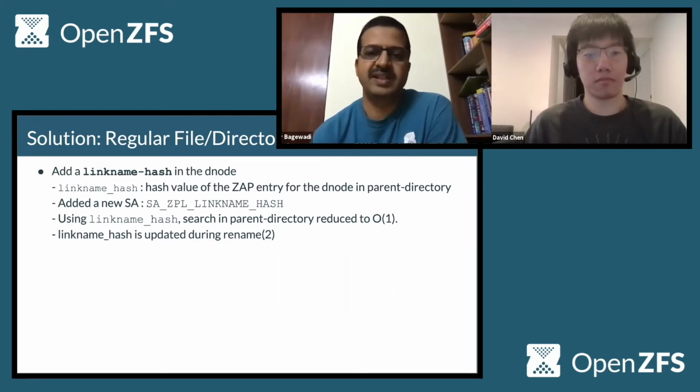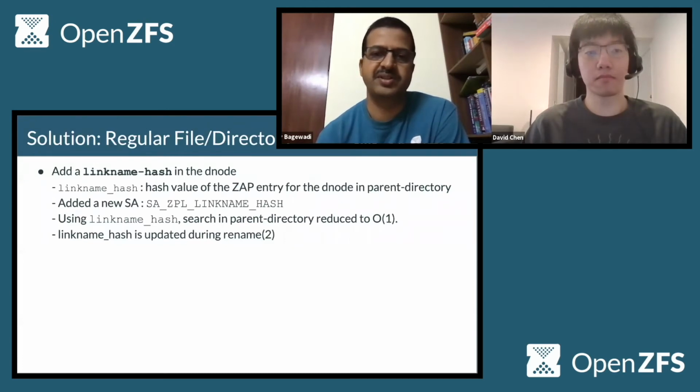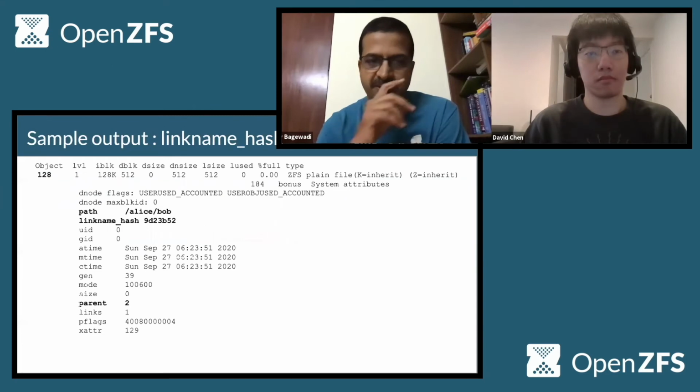And this now reduces to a constant time search because once you have the hash value, you can directly do a lookup in the ZAP. You have the parent ID and you have the hash, so it's a constant time cost to look up into the ZAP. So that was one solution. Here is a sample that we have from the ZDB output.